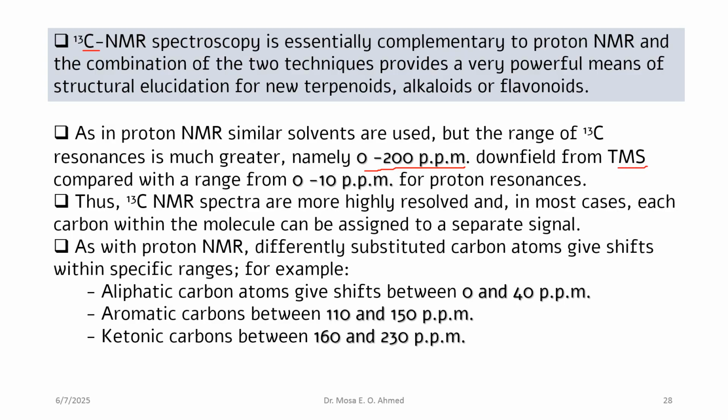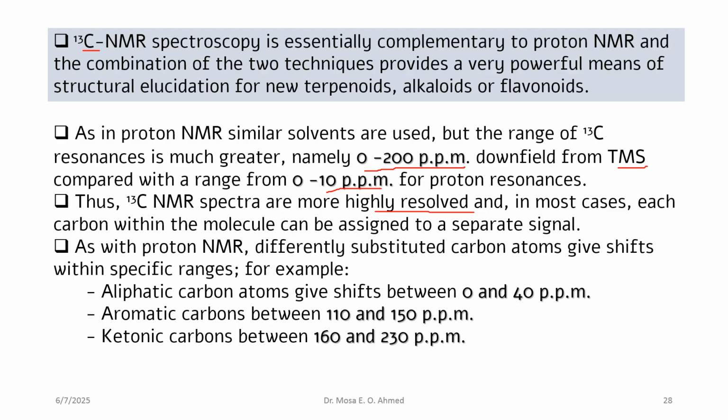Compared to proton NMR, whose resonance range is from 0 to 10 parts per million, that means carbon-13 NMR is highly resolved compared to proton NMR.